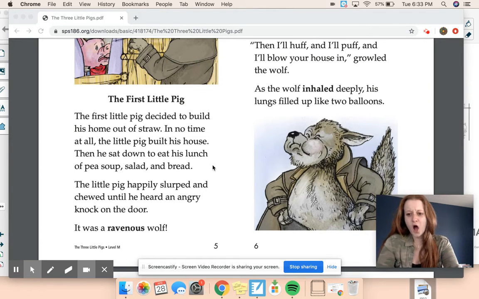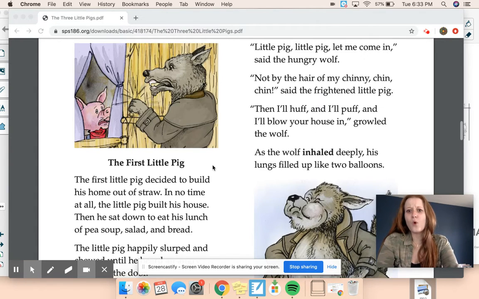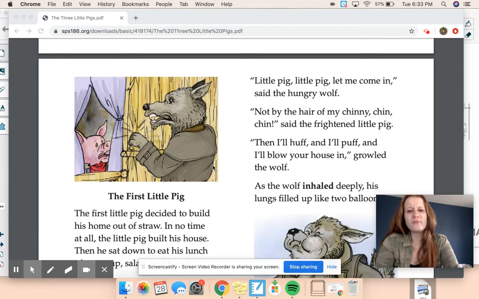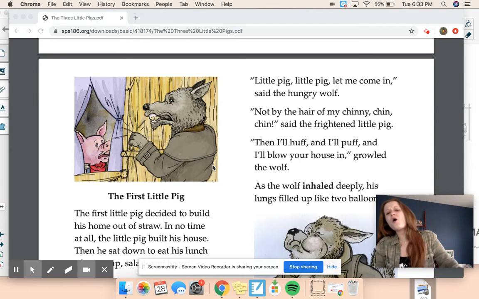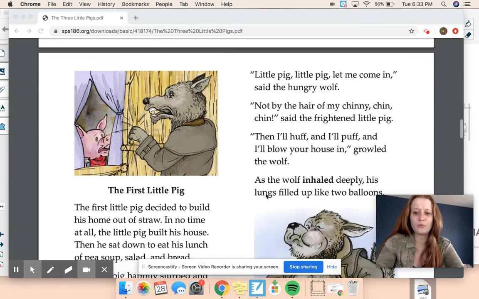It was a ravenous wolf. "Little pig, let me come in," said the hungry wolf. "Not by the hair of my chinny chin chin," said the frightened little pig. "Then I'll huff, and I'll puff, and I'll blow your house in," growled the wolf.